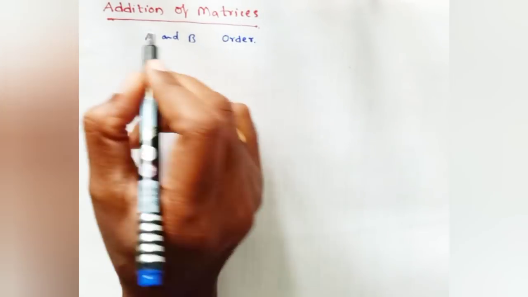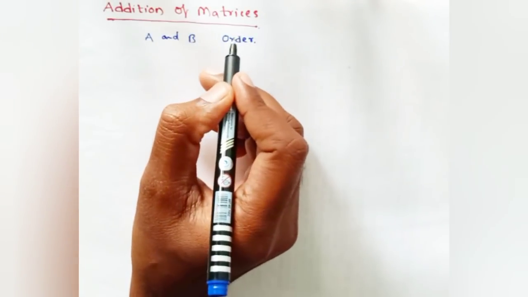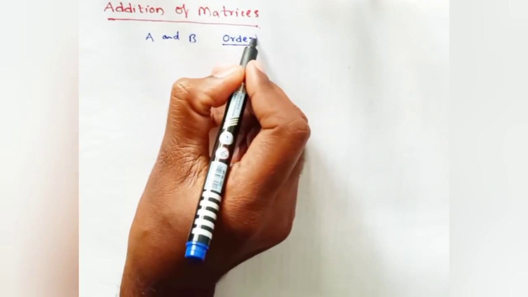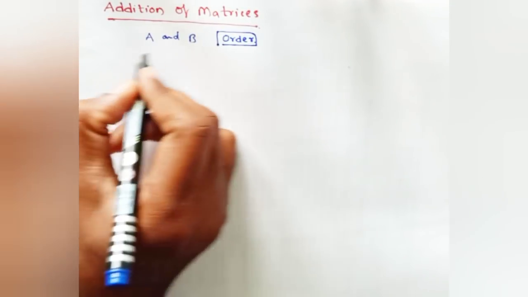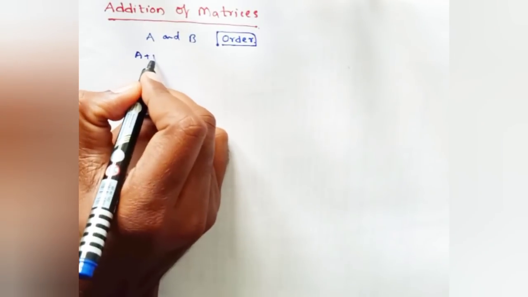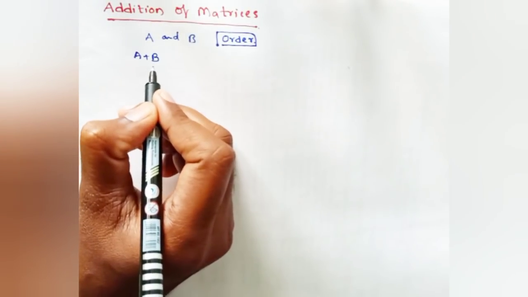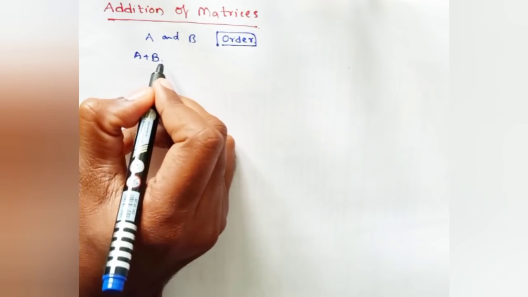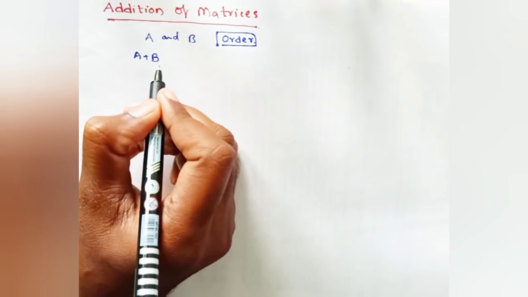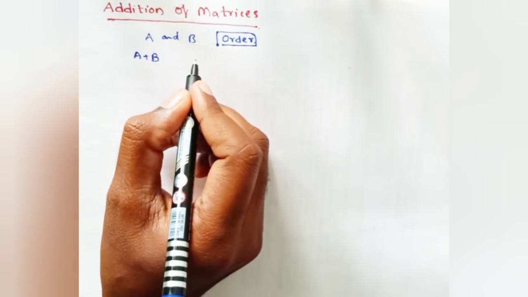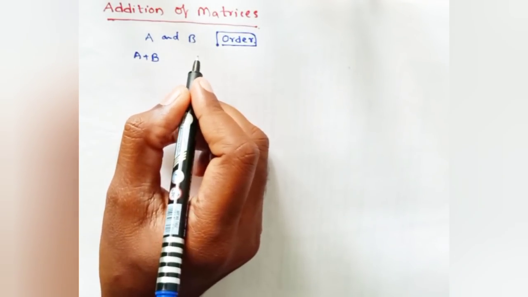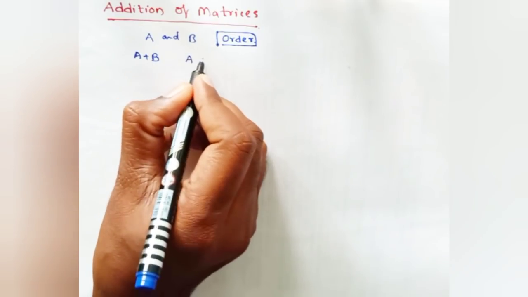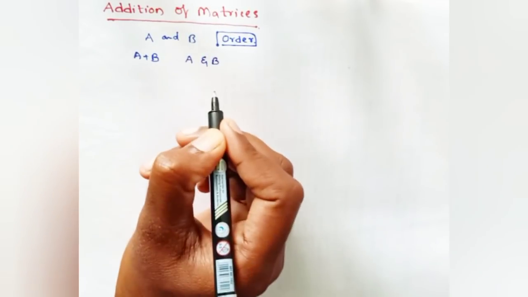The sum of two matrices is possible when their order is same. The sum of these two matrices is denoted by A plus B, and the resultant matrix A plus B is obtained by adding together the corresponding elements of both A and B.